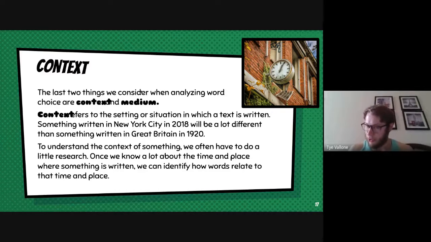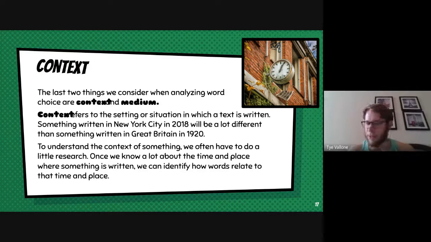So something written in New York City in 2018 will obviously be a lot different than something written in Great Britain in 1920. A lot of you may have been thinking, as I was saying, this was a sign of hope for immigrants to come to America. And you might be thinking now a lot of immigrants are struggling to come to America because they get kicked back to their countries or there are issues at the border. So if we wrote this poem now in 2020, it would be a lot different because the context of history is a lot different.